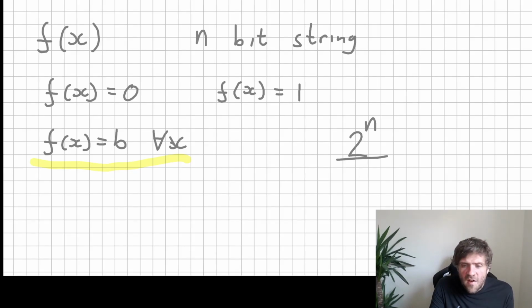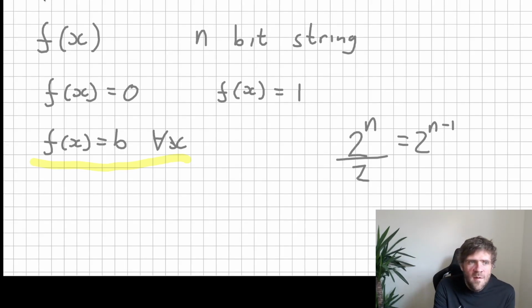So it has to be half of that, which is 2 to the n minus 1. And that is because in the worst case, we could just be hitting all of the inputs that give one particular output until we get to the halfway point when it's forced to give us the other output, because at that point we run out of values that give that particular output.